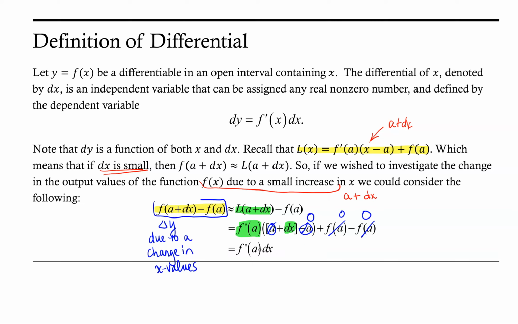So we have a small change in y values due to a small change in x values is approximately, and we do need to pay attention, this is not exactly equal, it's an approximation, is approximately equal to f prime at a times dx.